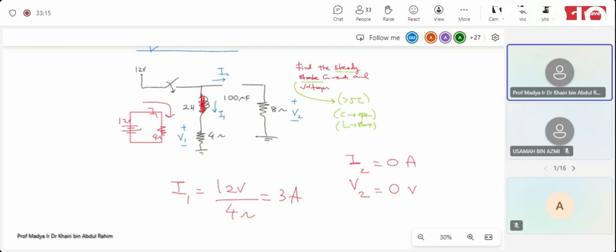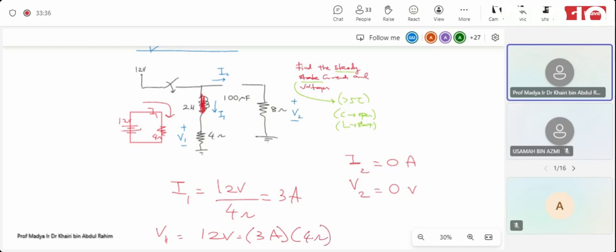Okay, how about V1? What's V1? So V1 again is simply 12 volts, right? Because it's 3 amps times 4 ohms.